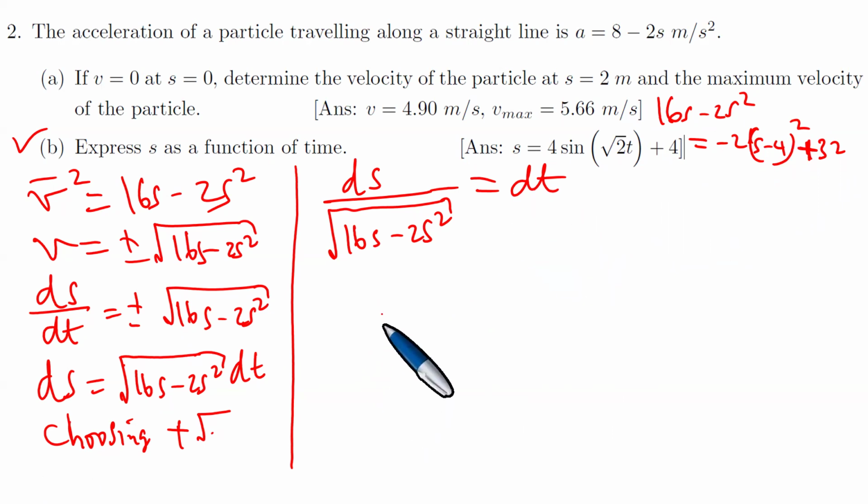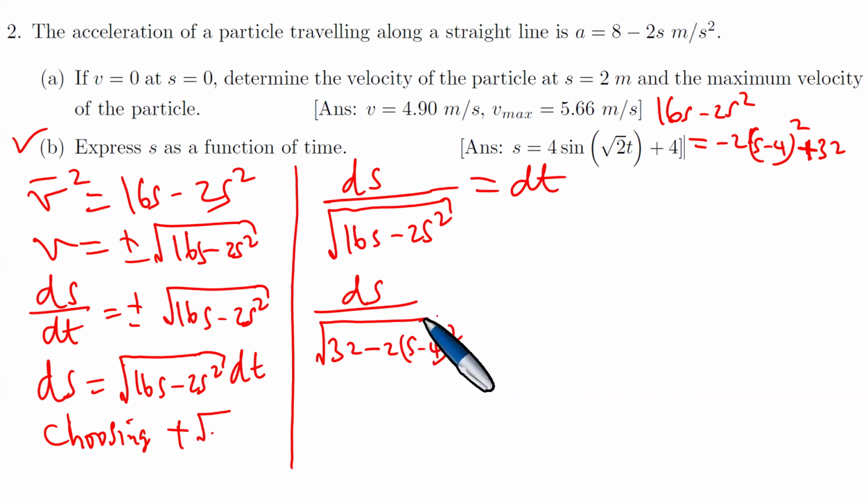So in other words, we have ds over the square root of 16s minus 2s squared, which we can write as the square root of 32 minus 2(s minus 4) squared, equals dt.